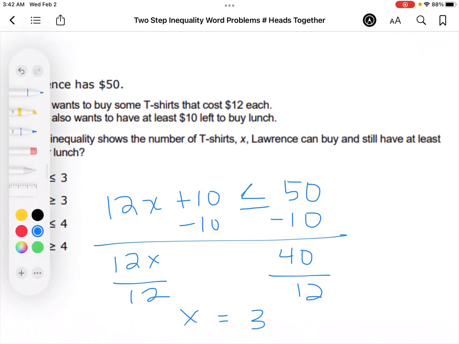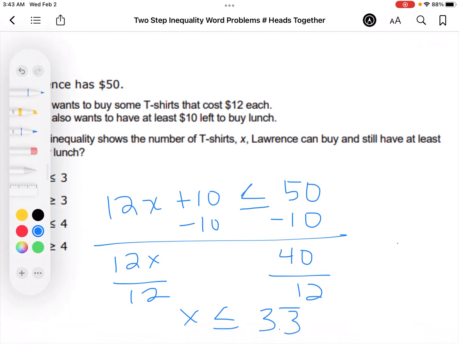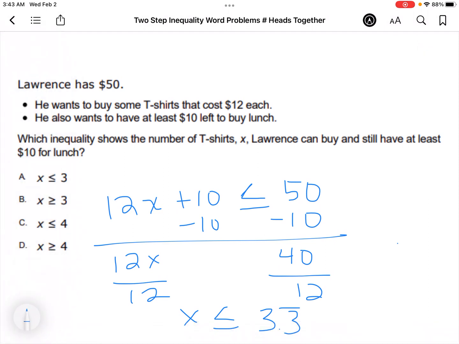That's a common error. So I know that it's going to be 3 and a little bit left over, right? So 40 divided by 12. 3.3 repeating. Okay, so it says, how many t-shirts can I buy and still have enough? He could buy 3 or fewer shirts.